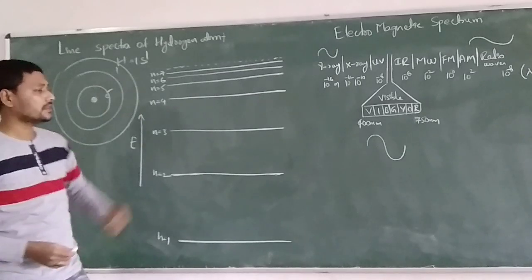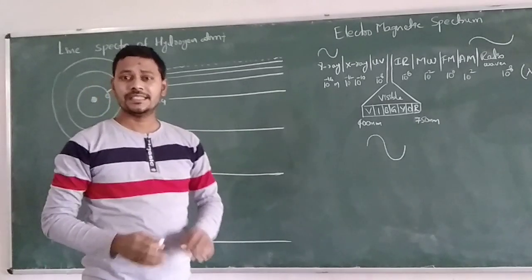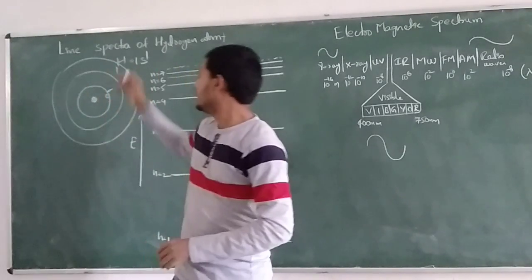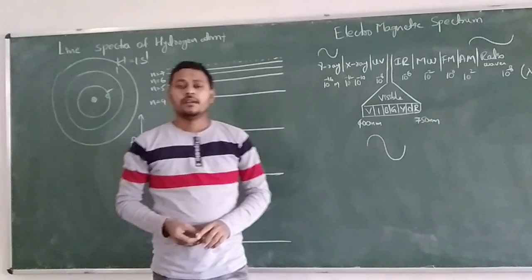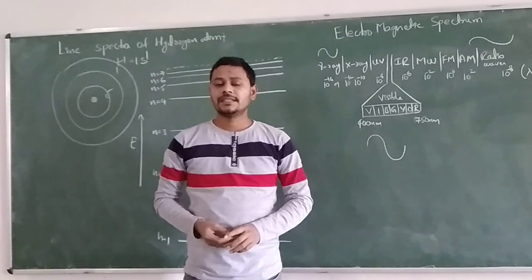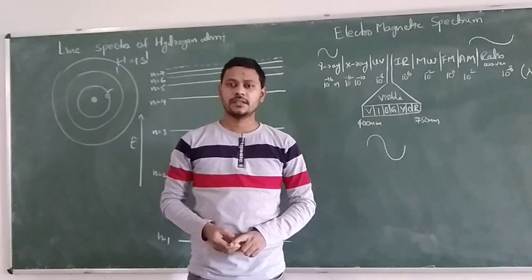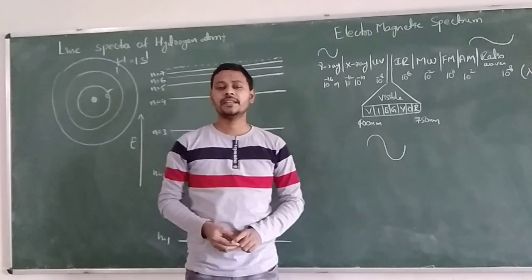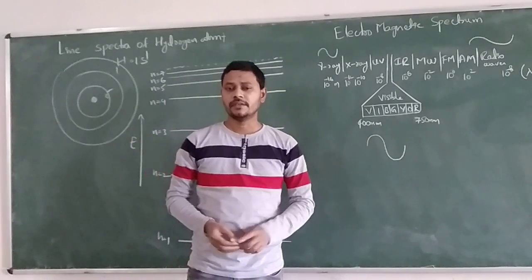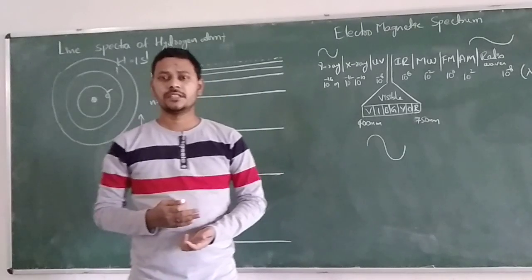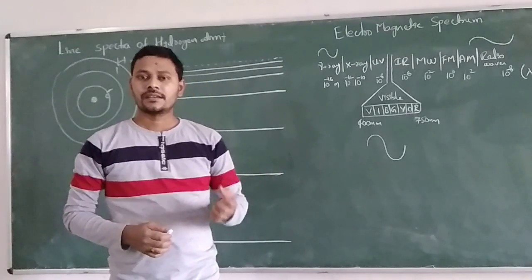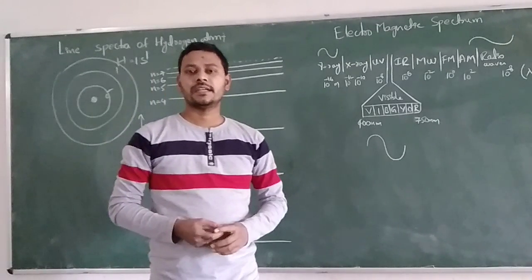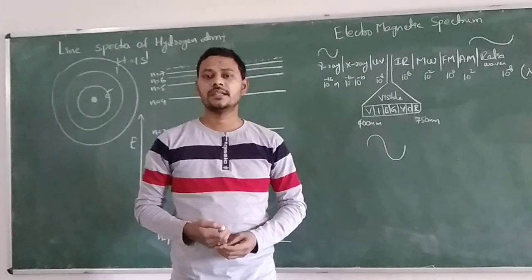So here it indicates increasing energy. Hydrogen has only one electron, so this is the simplest line spectra. When we consider a certain amount of hydrogen gas, and we heat that hydrogen gas or subject it to light, the electrons in the hydrogen atoms absorb different energies.